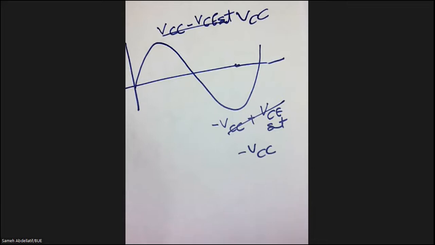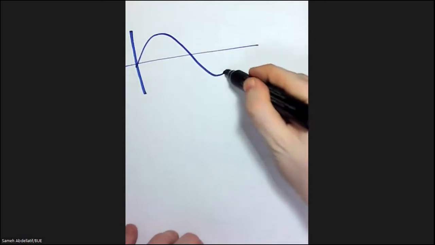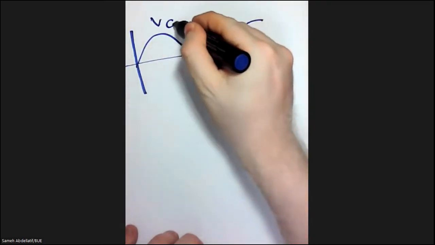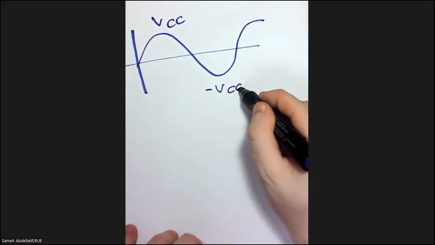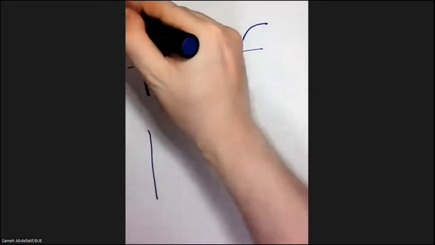So our first point is, let's assume that the output is something like that, from VCC to negative VCC. This is the output.